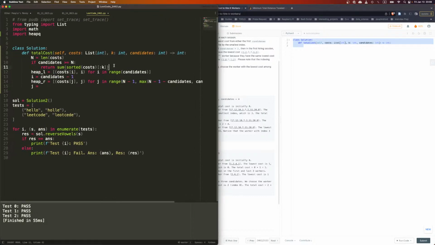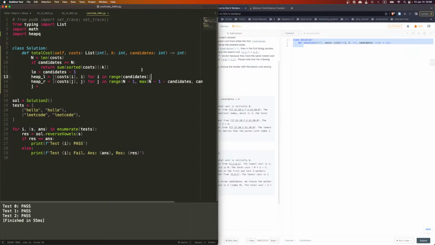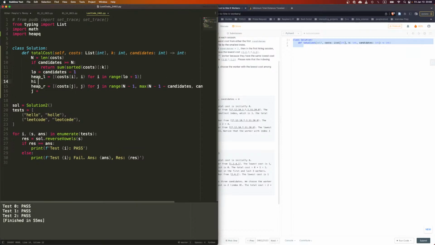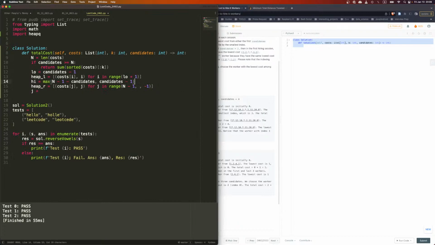I do not like this. All right, let's say low. How about low? So low is going to be candidates minus 1. Okay, so all the way to low plus 1. High is going to be the maximum of n minus this or candidates, the bigger of the two.